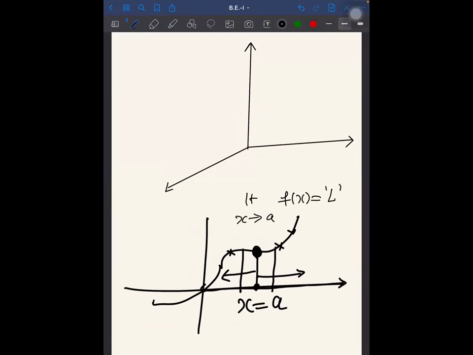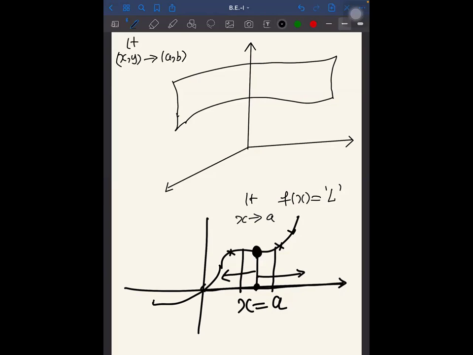But if you have a domain which is of 2 variables, something like that, then limit xy approaches the point AB, f of xy comes out to be L. Are you getting this? So where will that xy point be?